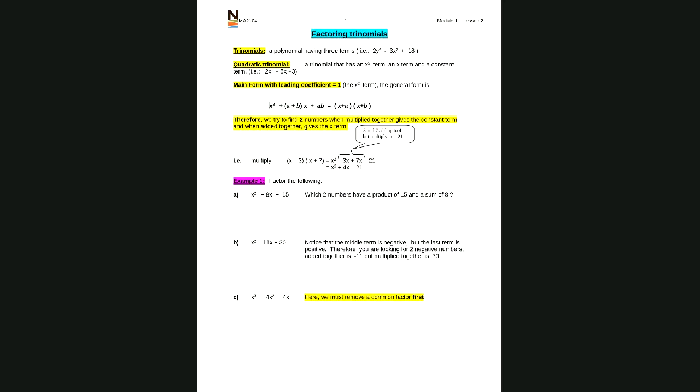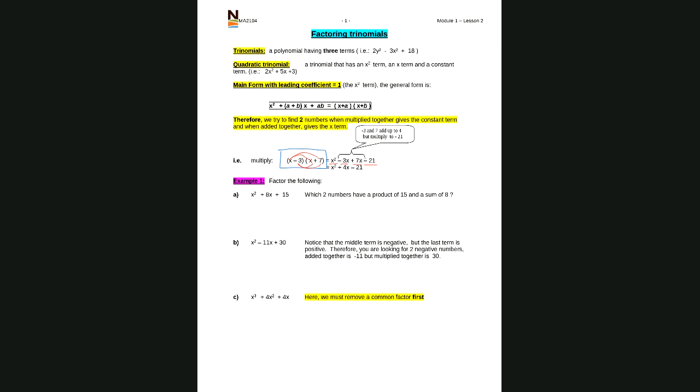Now we saw in Math 1 that multiplying two binomials together, with the same exponent of x and a constant in each bracket, the result is a trinomial. If we multiply this out, we have x times x, x squared, x times 7, 7x, and negative 3 times x, and negative 3 times 7.